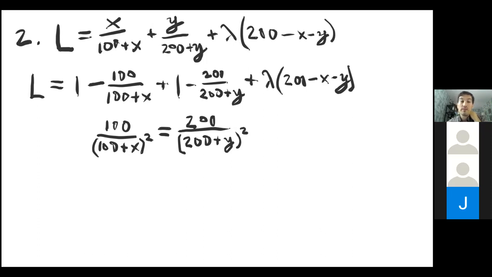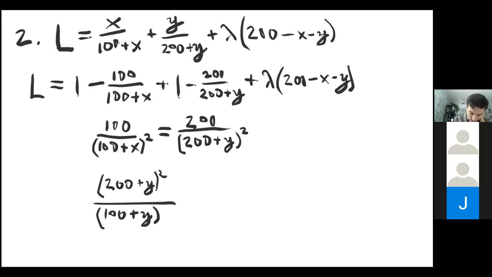No. If you can avoid multiplying them out, that will save you time. So what should we do here? Let's write this as, oops, this 200 plus y squared over 100 plus y squared equals 200 over 100.